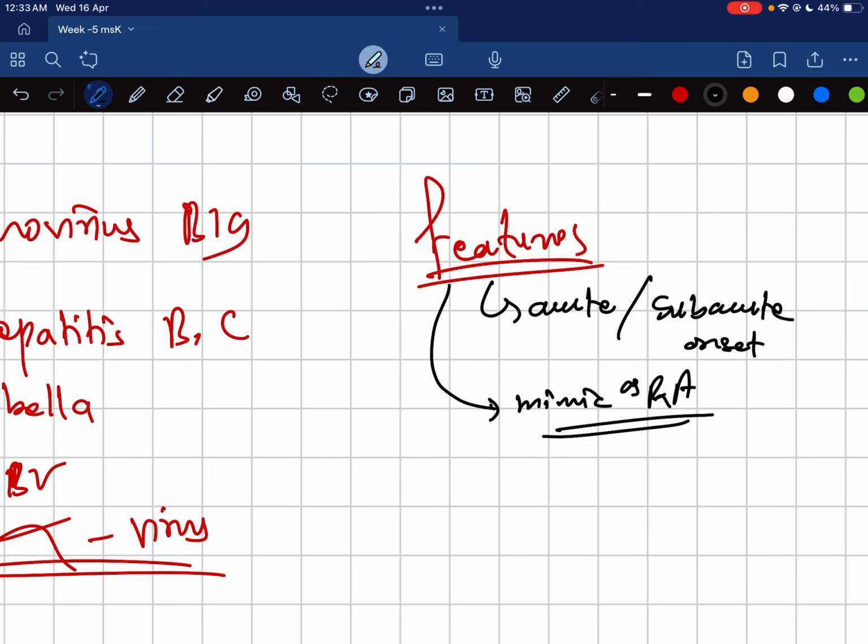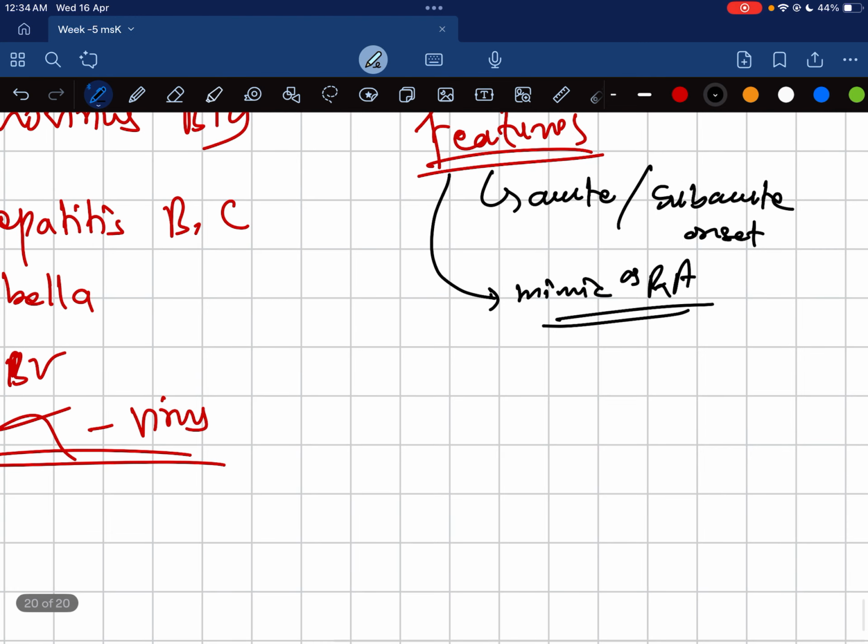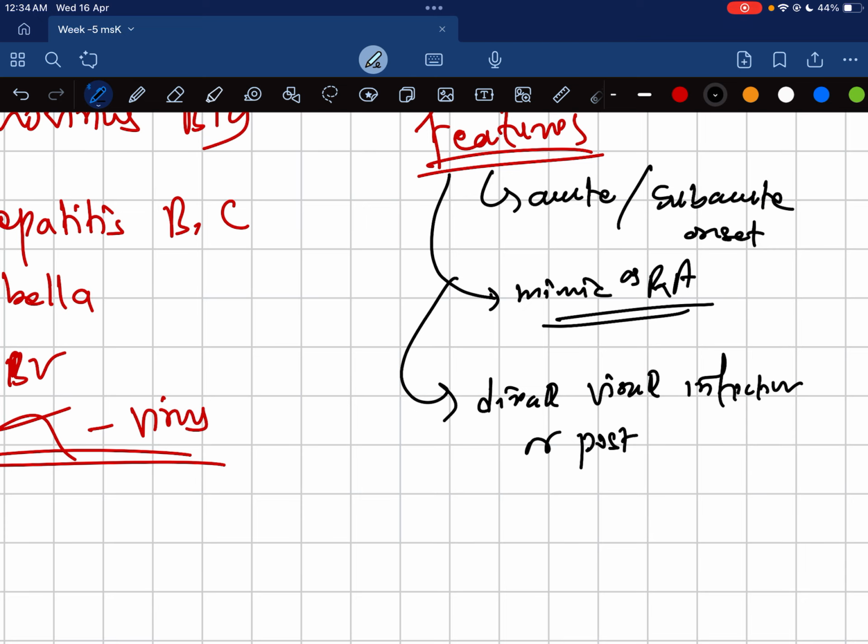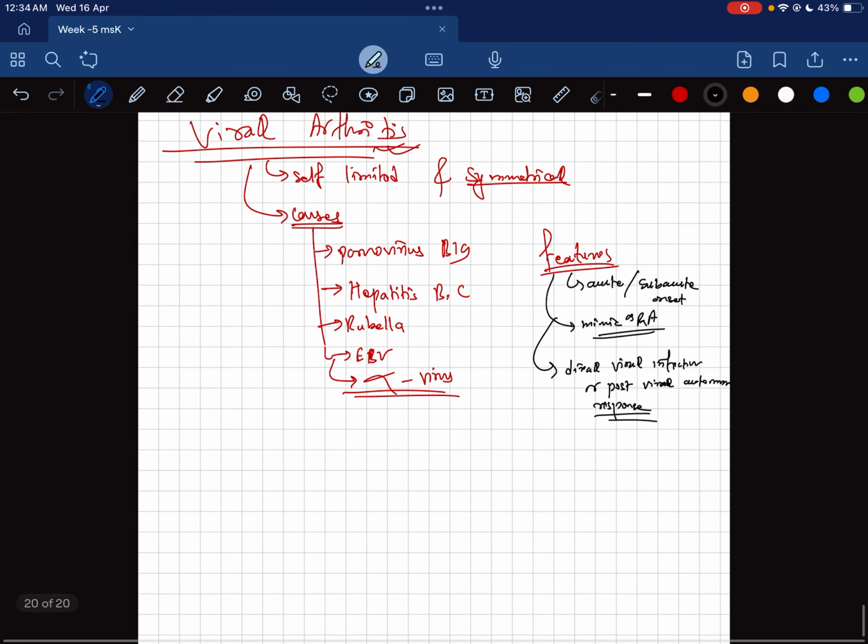It is due to direct viral infection or a post-viral autoimmune response. This is regarding viral arthritis.